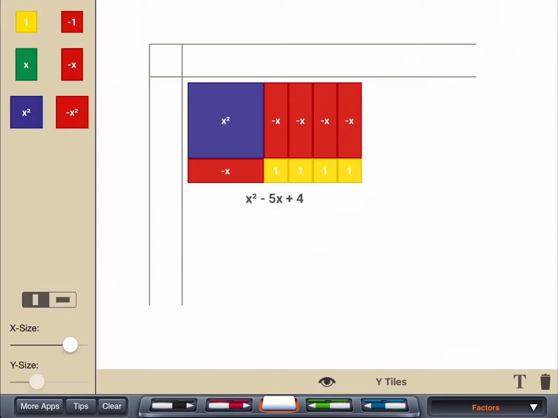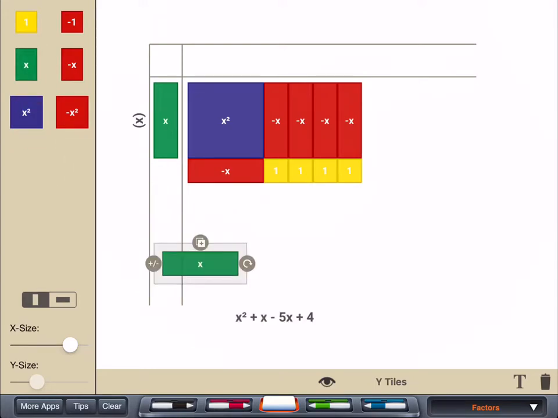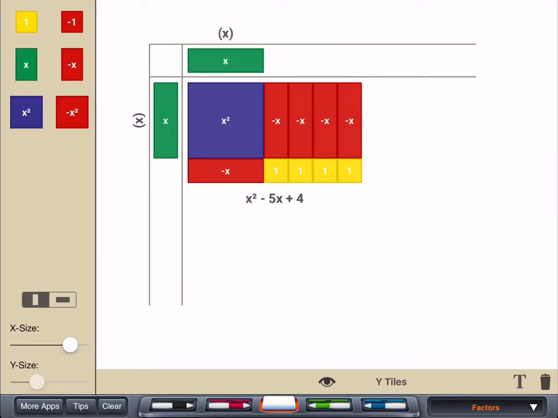Give me the dimensions of that shape. So we know in order to build the x squared, that had to come from x times x. And then to line up one row down below, that means I'm going to have an itty bitty square. Now the question is, how am I going to get a negative?